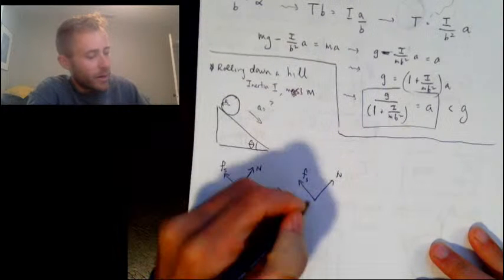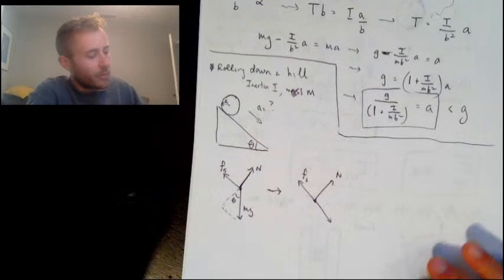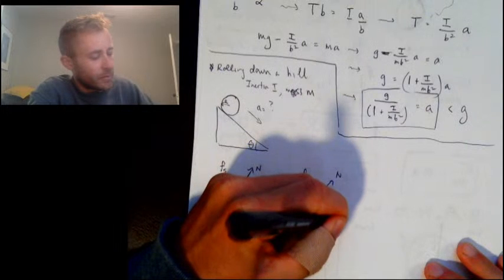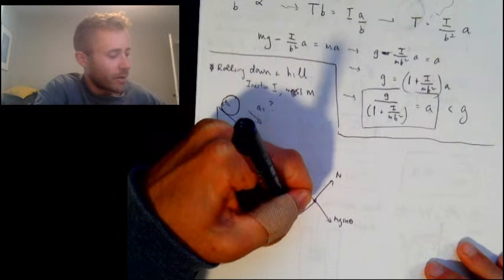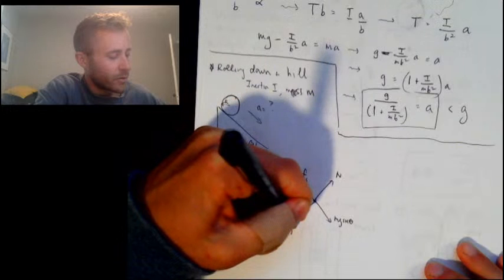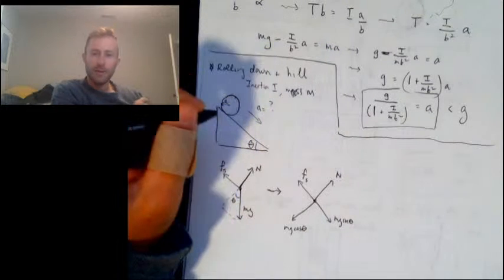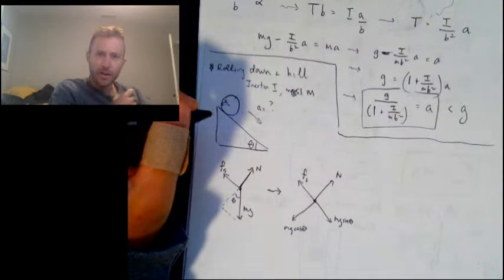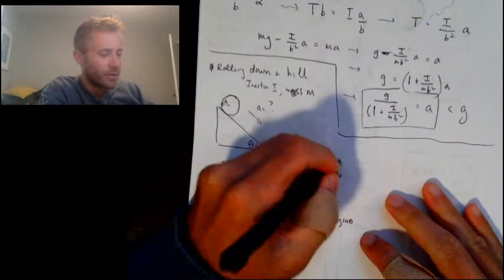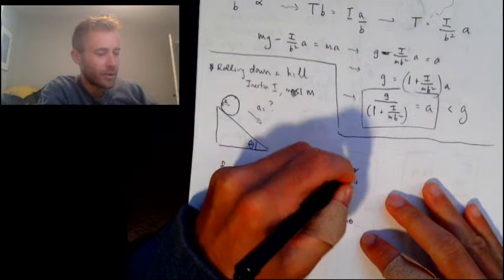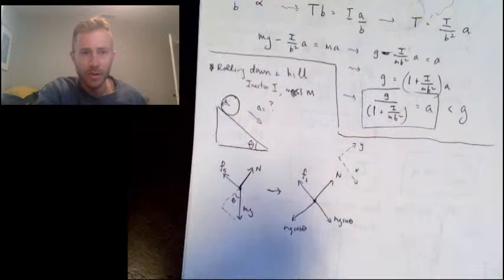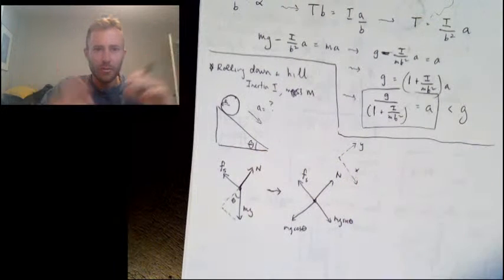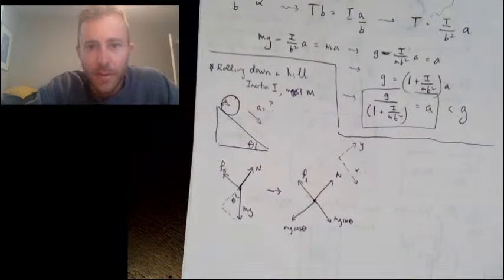We have mg sine of theta going that way. And we have mg cosine of theta going that way. All right? And I'm going to call this direction the x direction and that direction the y direction. So I believe that when I taught this to you guys, I rotated the paper, but I'm just doing it out. Okay?